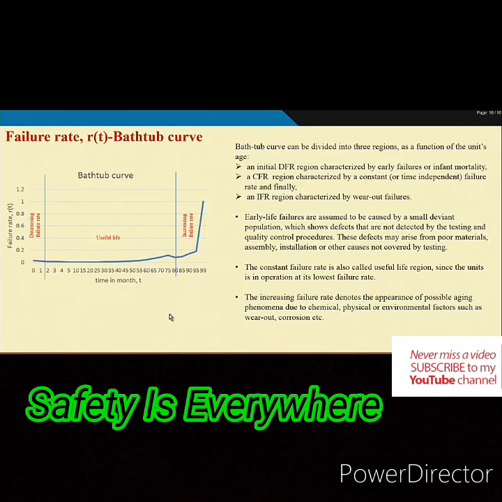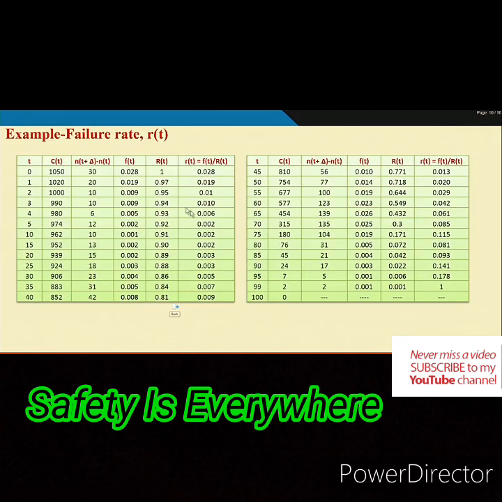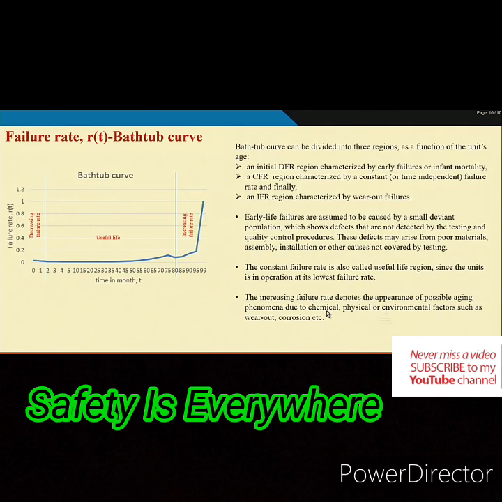Then if you plot this hazard rate, we got this kind of curve. If you see this curve, this is the region.